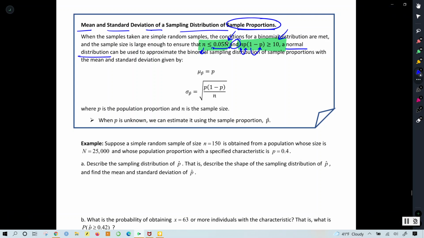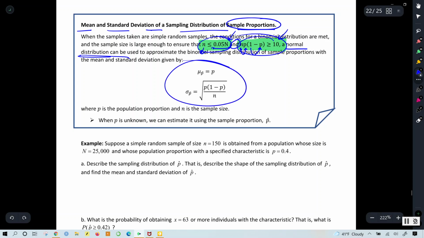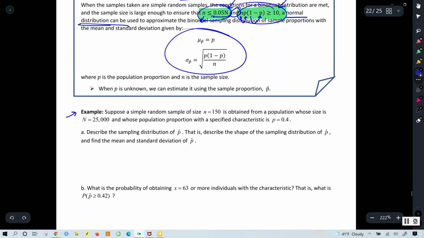So as long as those two conditions are met, we can use the normal distribution to approximate the sampling distribution of the sample proportion. Enough of those statistical jargons. Let's get into the gist of the matter.